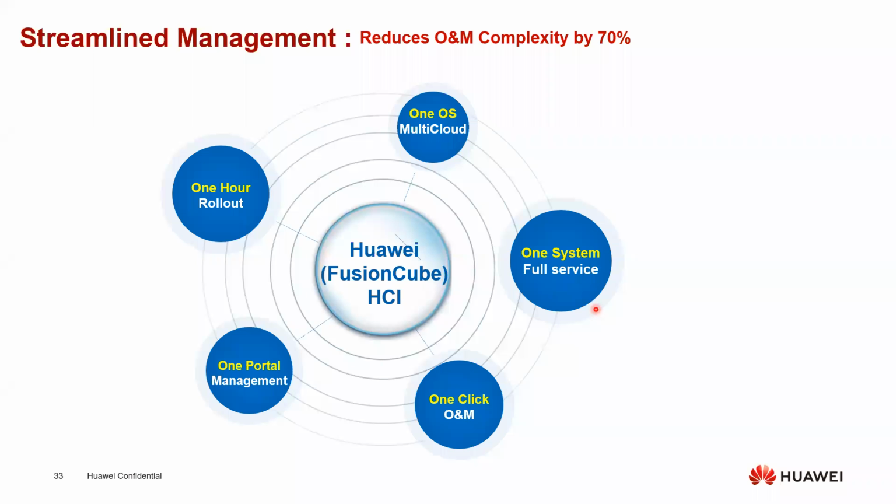moving here. Okay, so the next topic is the O&M part, the operations and management. You can see here the FusionCube has a FusionCube Center which can be one single management platform for multiple branches, and you can see the full service.